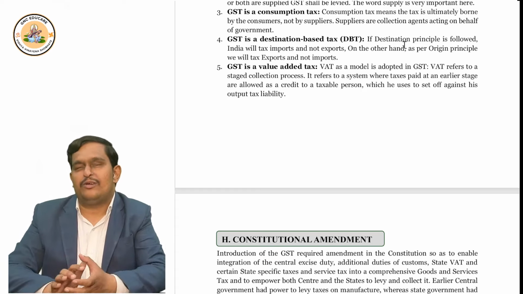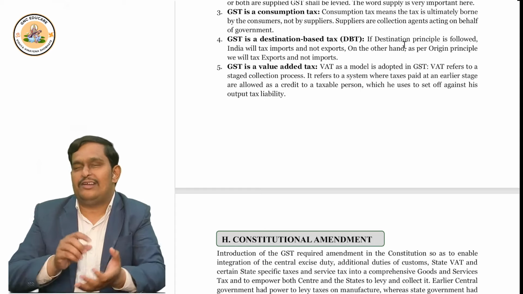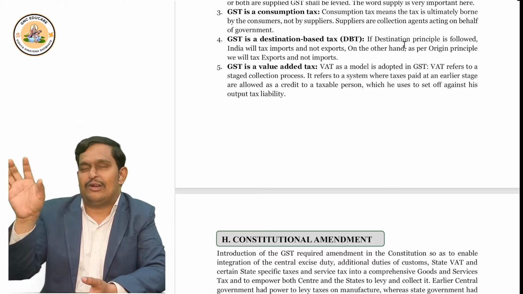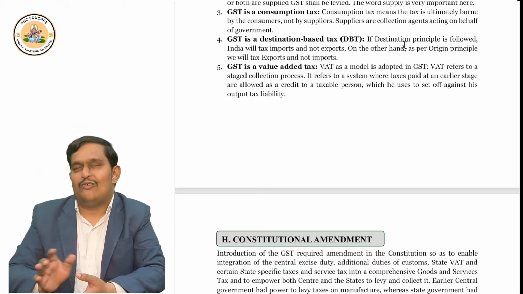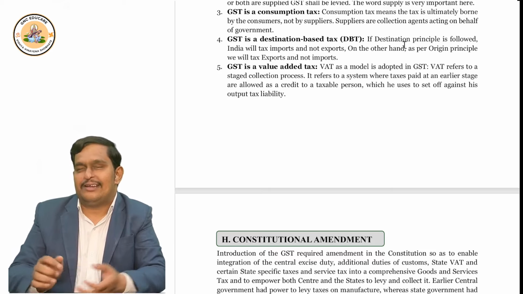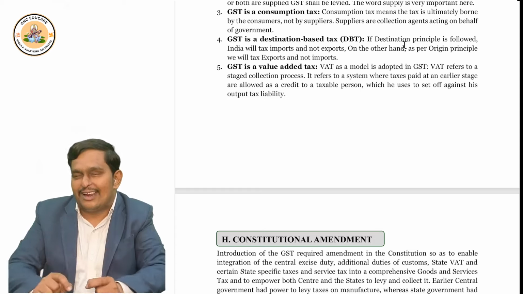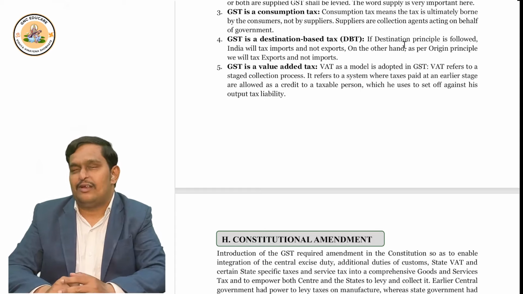Central government would take whatever food it wanted and eat. State government also wanted to go separately, whatever food they wanted, they would eat separately. Now what they did: why should we go separately? Let us arrange a big plate and eat together. That is the basic funda of GST, right?